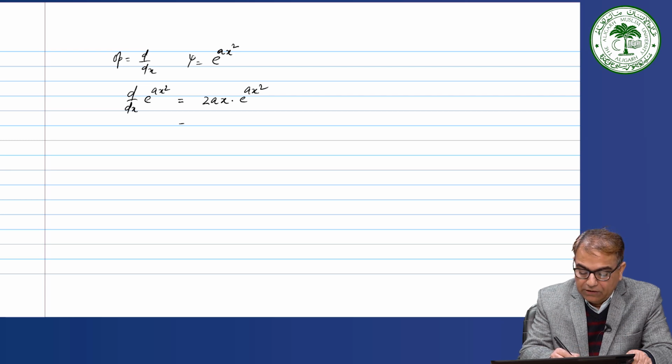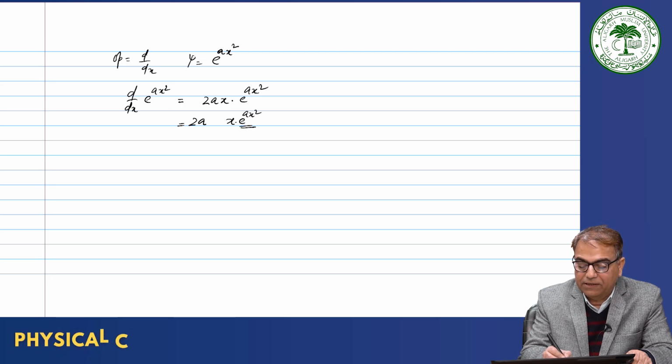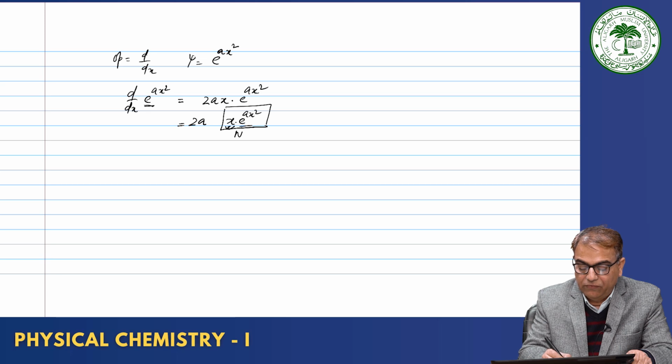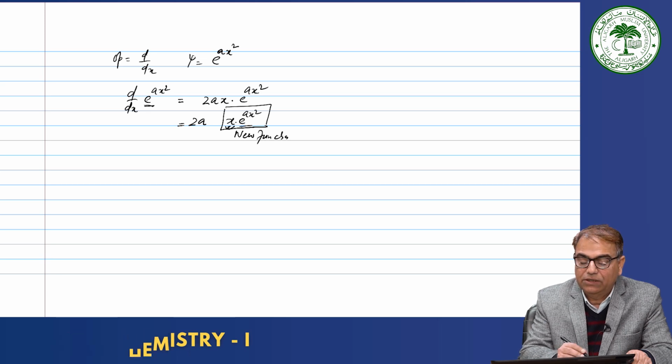Now, you see your constant value is 2 a, and though you get exponential a x square back, you do have the variable x also, which is not a constant. So, your variable should not be here, and now the new function is this one. This is the new function, which is not the same function, a different function.